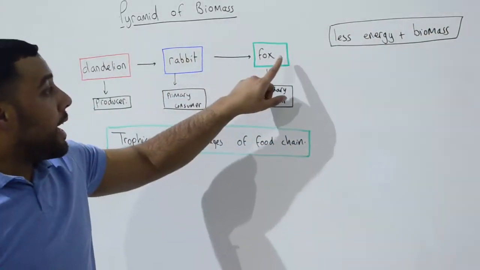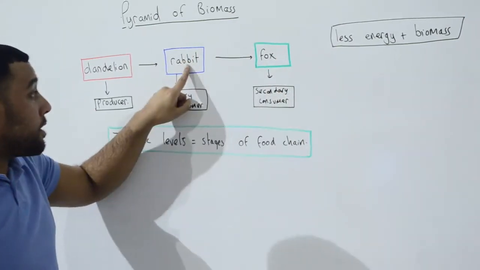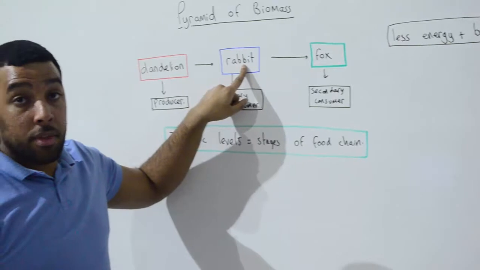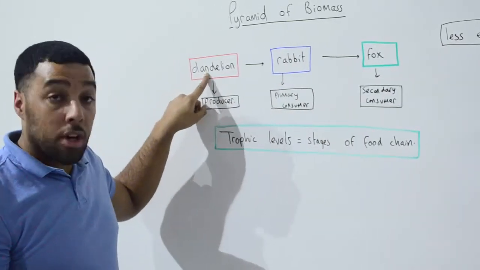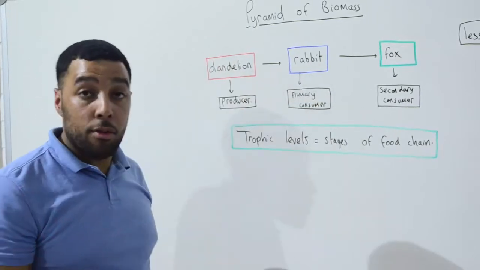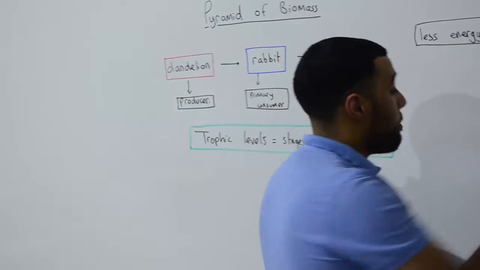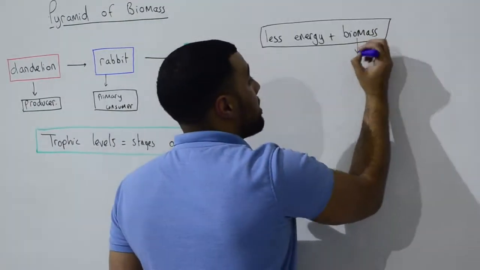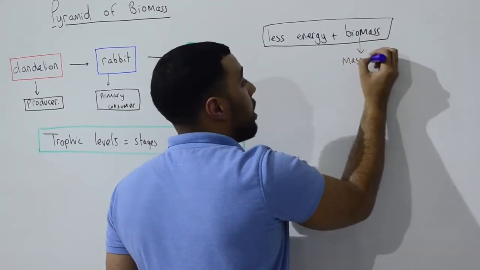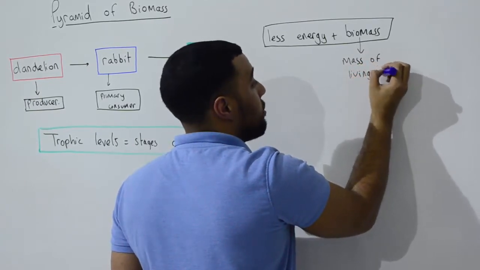So there's less energy and biomass at this trophic level than there is at this trophic level. Actually, the producer has the most energy and biomass out of the whole food chain. But the word biomass just means the mass of living material.